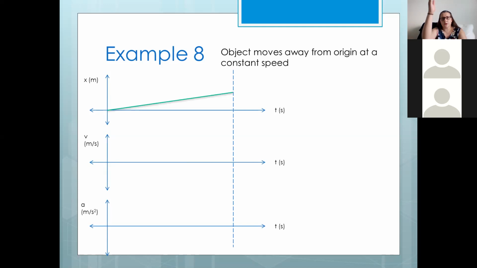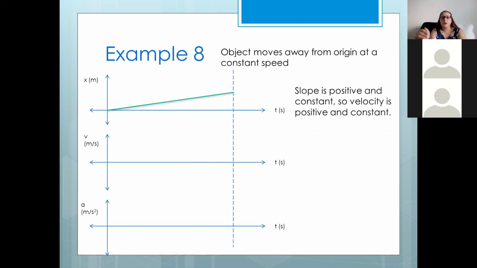I'm going to draw dotted lines wherever something important is happening in our position graph, for example the end of motion right there. We can see in this position time graph that the slope of this line is positive and constant. The slope is not changing, which means the velocity is positive and constant, because the velocity is equal to the slope of this line.